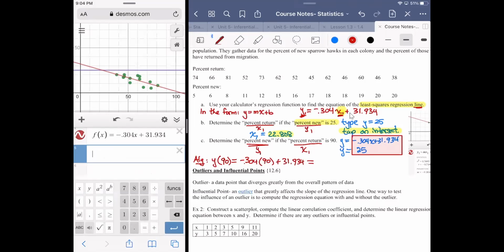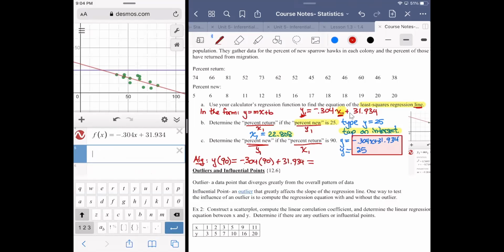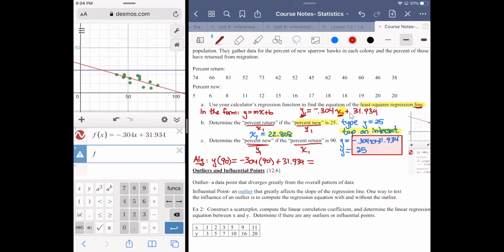Now, using my function notation, I can easily type in the x value that I want, in this case 90, and it'll just spit out the result. Like I said before, you can do it algebraically, but when we get to the more complicated functions, it's going to be kind of problematic.